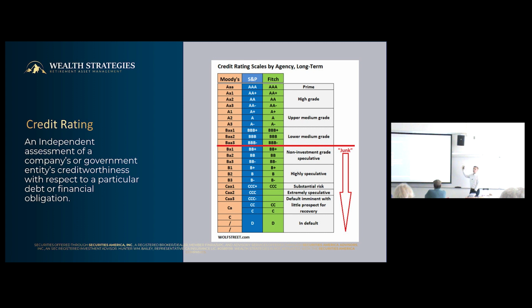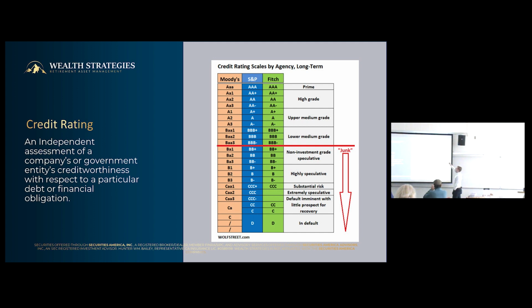So regardless of what you think about the government, pretty much all government securities at a higher level are considered prime guaranteed debt. As we move down, you'll see high grade, or double A's, and then upper medium grade, which is single A. These are all slight measurement differences of creditworthiness based on the actual debt instrument.